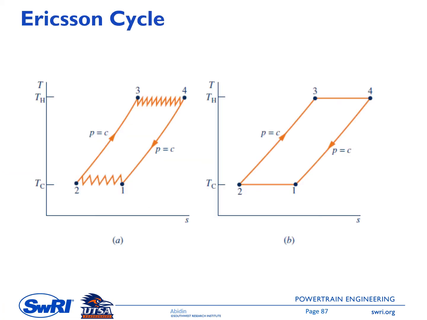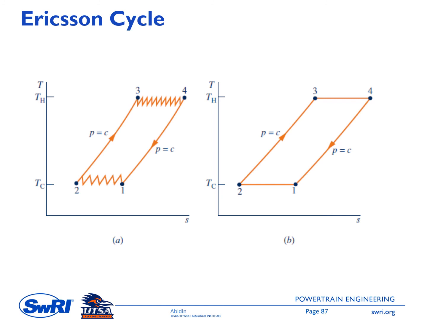The next topic is the Ericsson cycle. From the previous slide, we know that the performance of a gas turbine power system can be improved by incorporating a regenerator, a reheater, and an intercooler. Usually the number of compressor and expansion stages is limited by economic consideration.